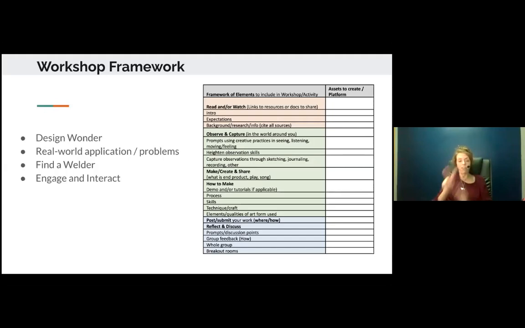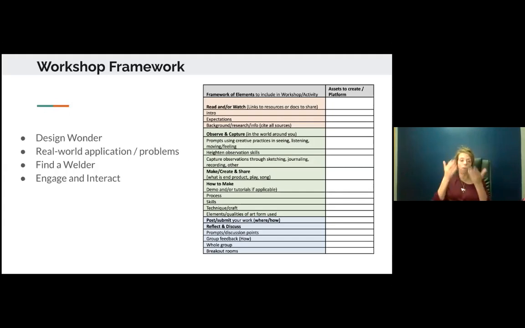And then we're going to give them prompts to go out in their community and look down and sketch everything around your feet, or find 10 things that fit in your hand and sketch those, or find parallelograms in buildings downtown. So those are the prompts under observe and capture.